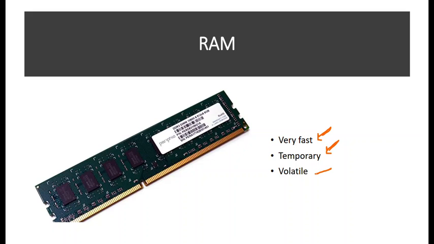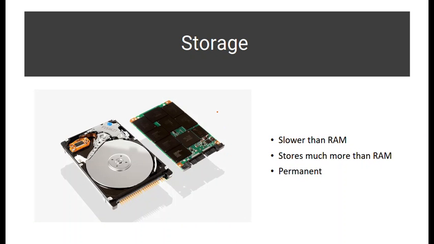And third, it's volatile, meaning that whenever we shut down the computer or simply cut off the power from the computer, all the data on the RAM will be lost unless we move it into a permanent storage device like a hard disk or whatever.